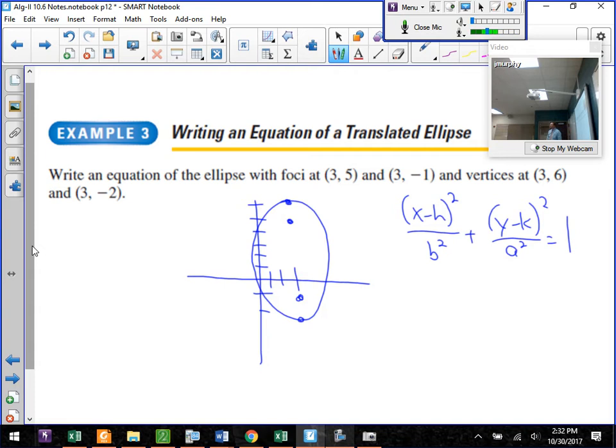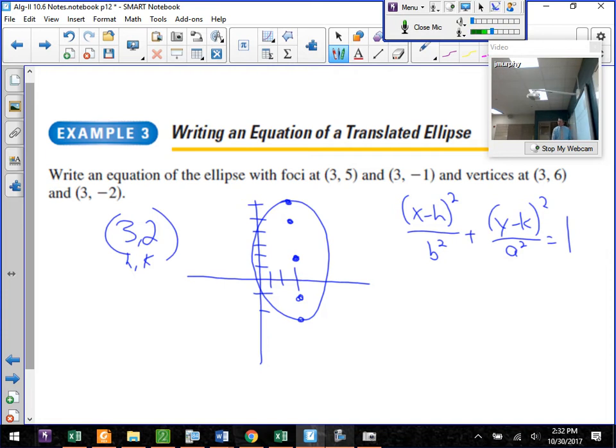What happens at the midpoint of vertices? It's the center. Okay. So what's 6 plus negative 2? What's half of 4? 2. So my center, my (h, k), is at (3, 2). There's my h. There's my k.